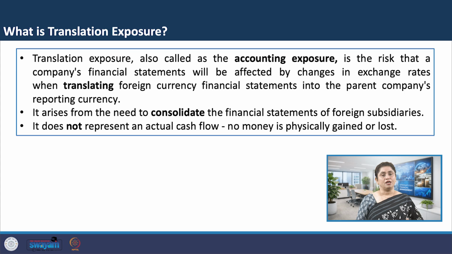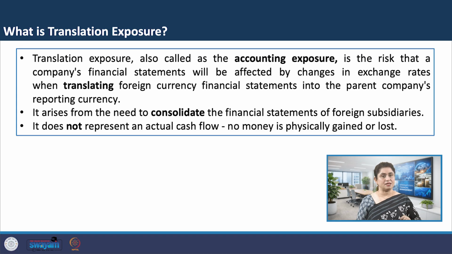Translation exposure is also called accounting exposure. It is defined as the risk that a company's financial statement will be affected by changes in the exchange rates when translating foreign currency financial statements into the parent company's reporting currency.